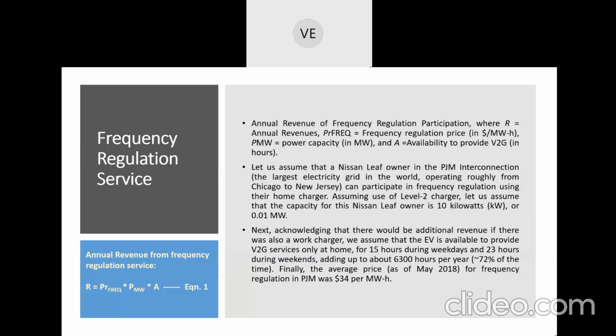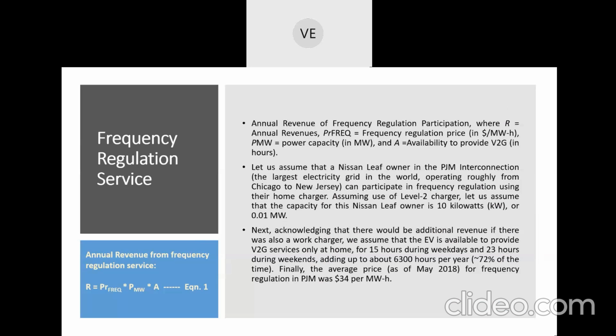Now, suppose the EV battery is able to give momentary power supply by discharging to the grid. Momentary in the sense very short term. So in a short term period, it can support frequency, or it can regulate frequency if used in a pool.